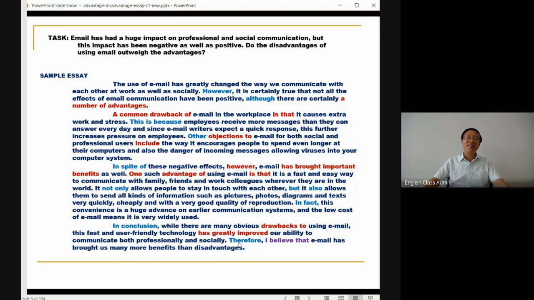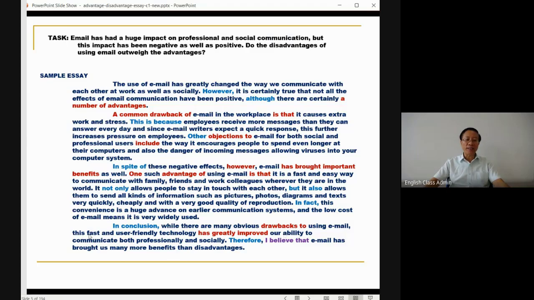And in the final paragraph, the concluding paragraph, you can see here they use the technique of summarizing the main points. Here you can see, in conclusion, there are many obvious drawbacks to using email. So they use the word drawback to remind the reader that one part of this essay is about the drawbacks, about the negative effects of using email.